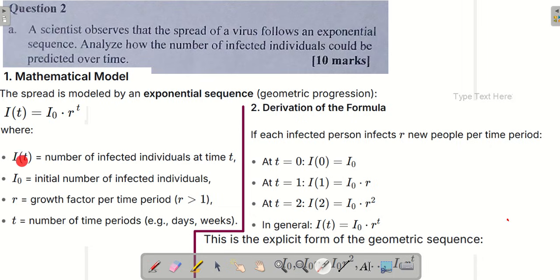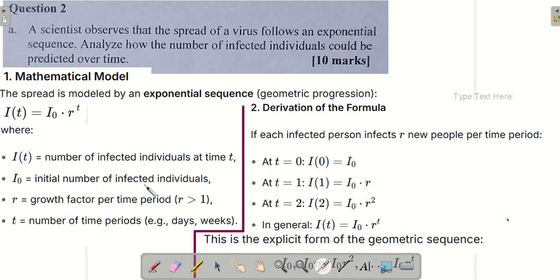So where IT is the number of infected individuals at time T, I0 is equal to the initial number of infected individuals. So the very first time, those who were infected initially is represented as I0. Then R becomes the growth factor per time.